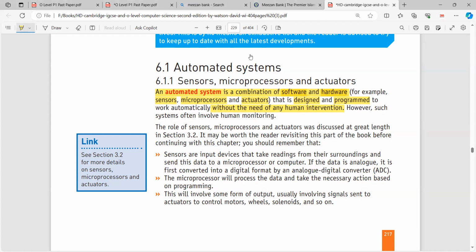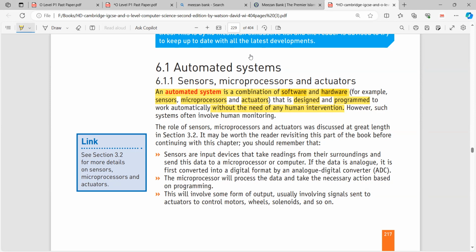So this is what the word says, automated system: they are designed and programmed to perform specific tasks which you can complete without any human intervention.